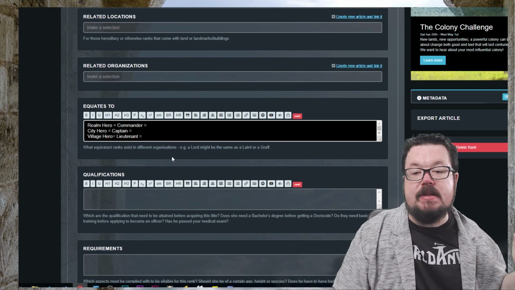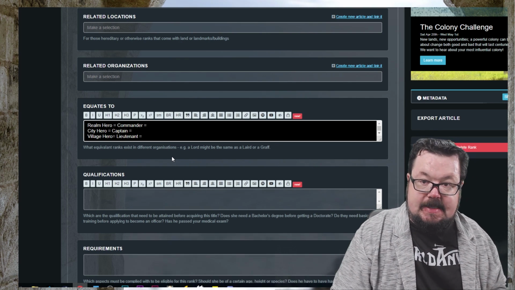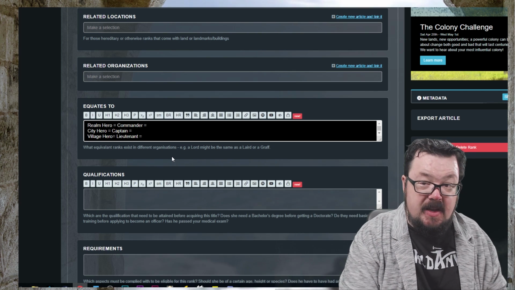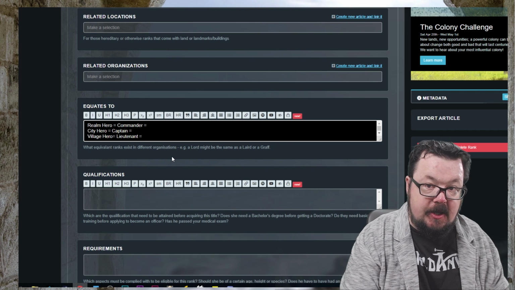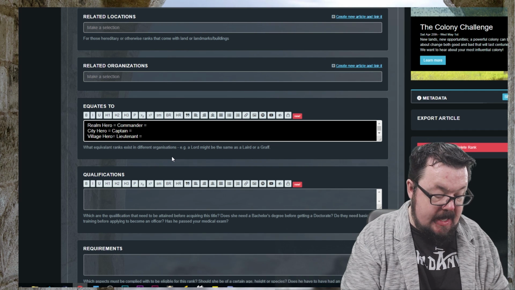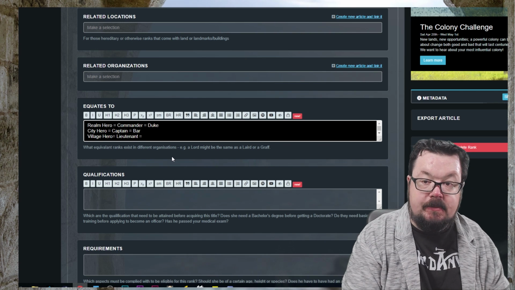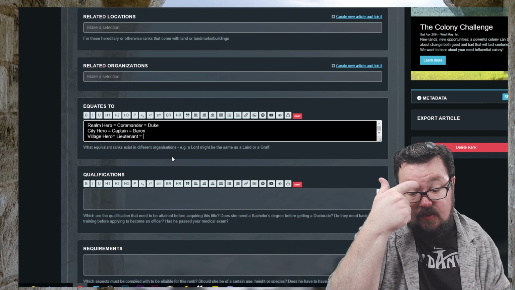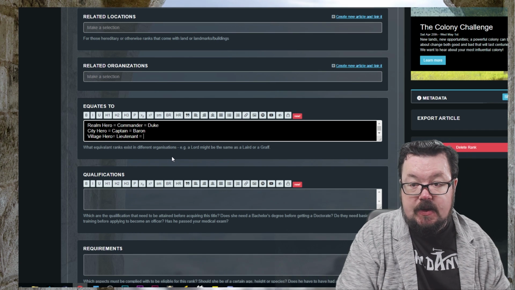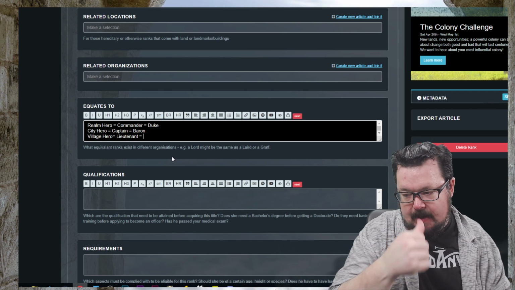So a realm hero is equal to a commander, who is also equal to, let's say, within the nobility of the hegemony, a duke, whereas a captain is equal to a baron, and a lieutenant, I would say, is equal to, what comes underneath a baron, a baronet.